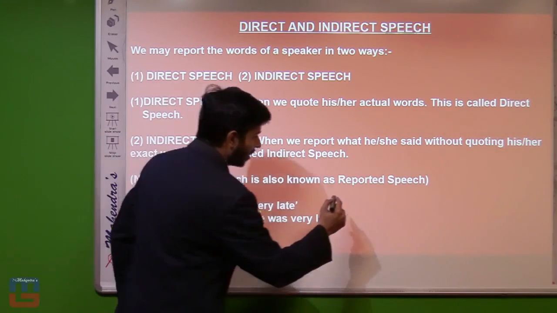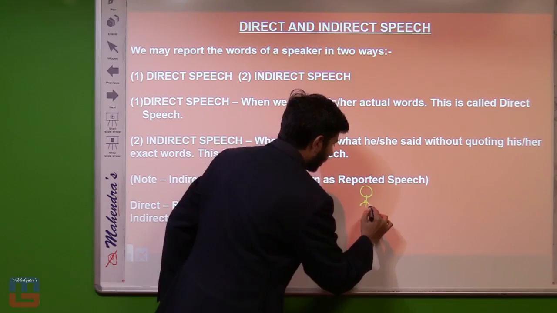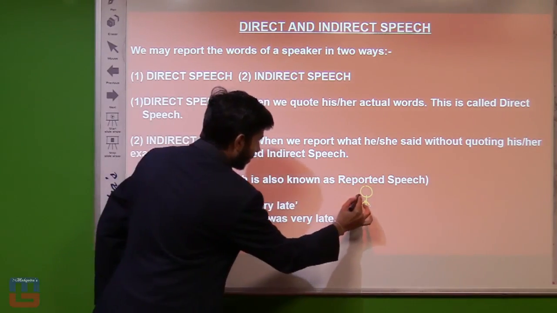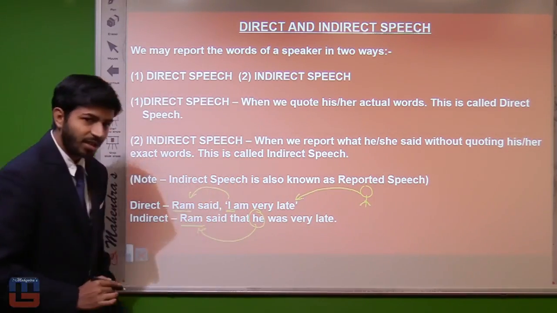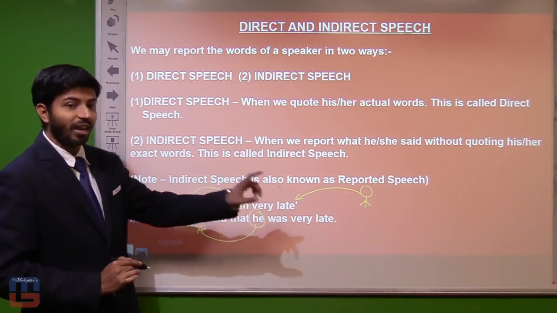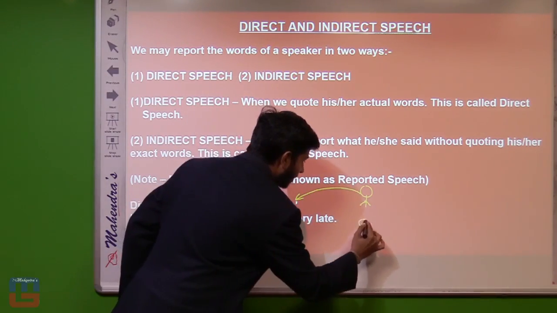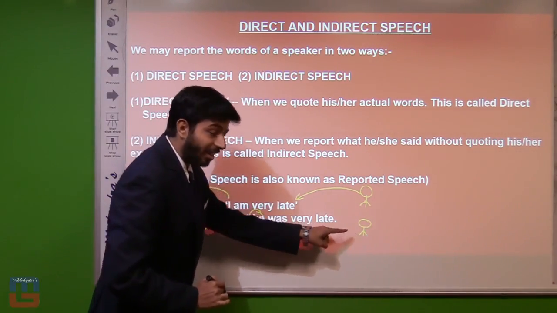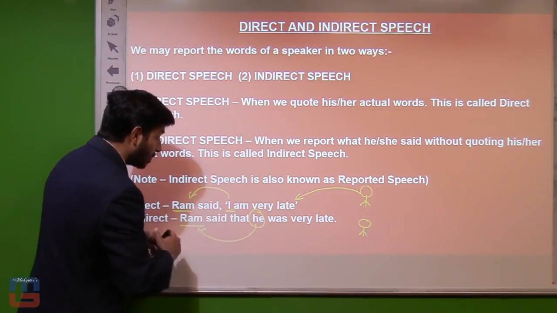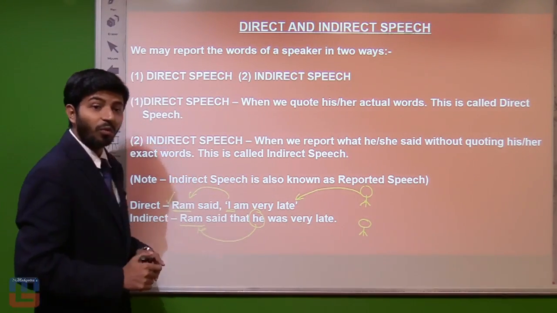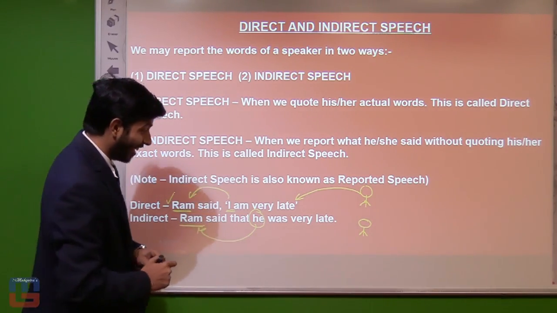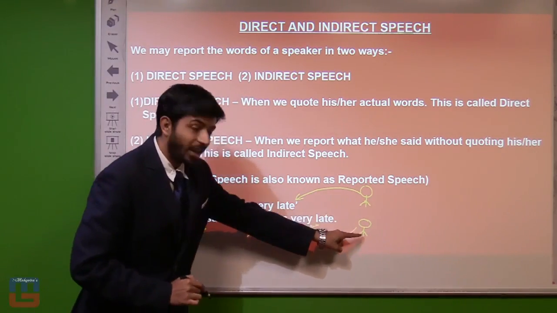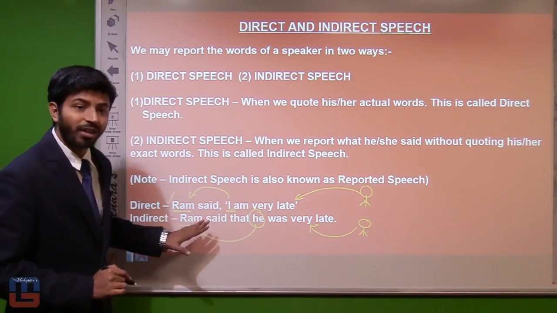Just suppose he is Ram. Ram said, "I am very late." So this is a sentence which has been narrated by Ram. And this is another person, who is now narrating the sentence which has been narrated by Ram.